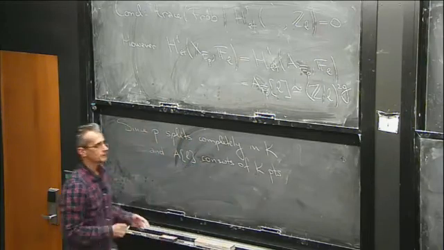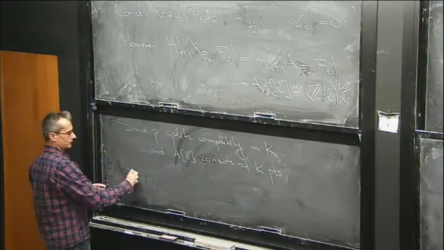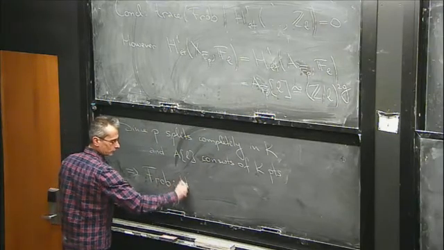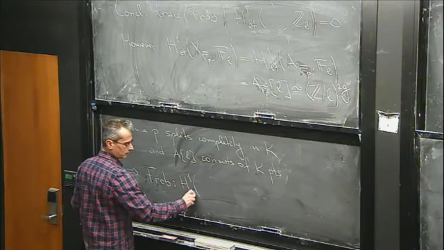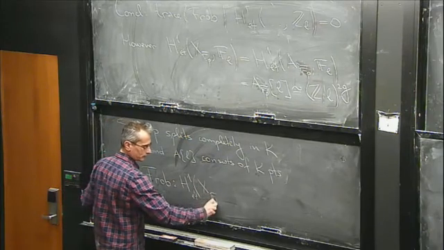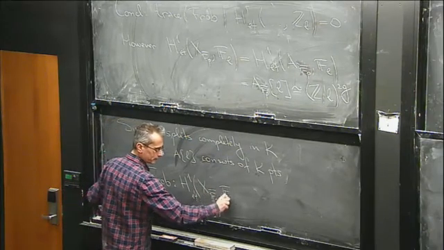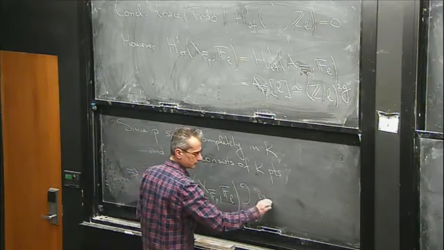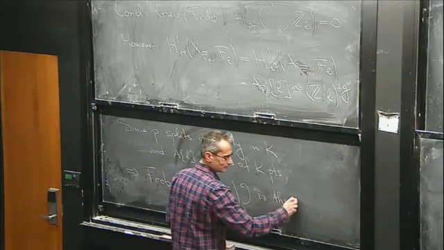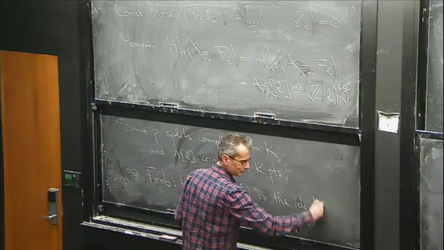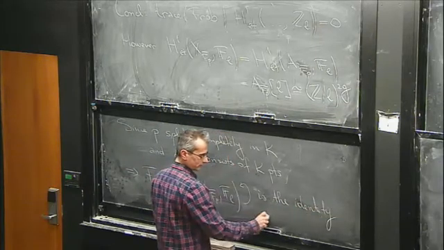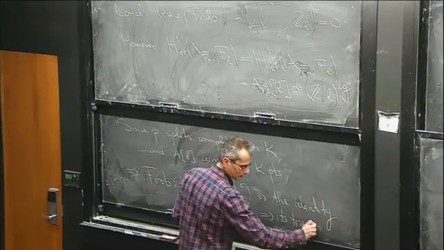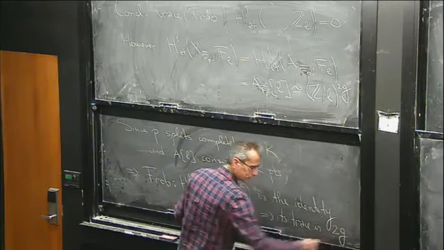So this implies that the Frobenius action on H1 étale of X over F_p bar with coefficients in F_L is the identity. Okay, so in particular, its trace is what? It's 2g. Right? So this is a 2g dimensional space.